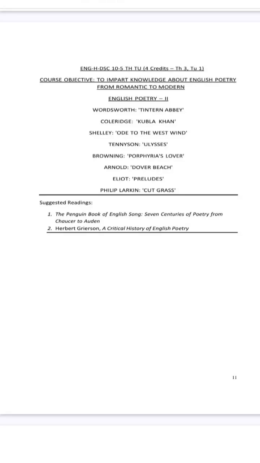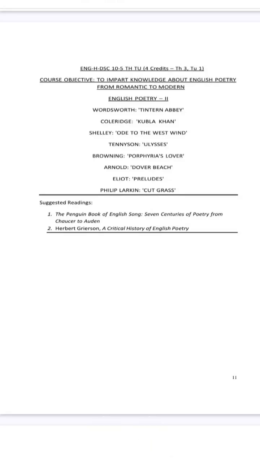We have Wordsworth's Tintern Abbey, with the main focus on nature as healer, memory, maturity versus youth. Wordsworth associates nature with spiritual growth and moral strength, making this poem a manifesto of romantic ideals.